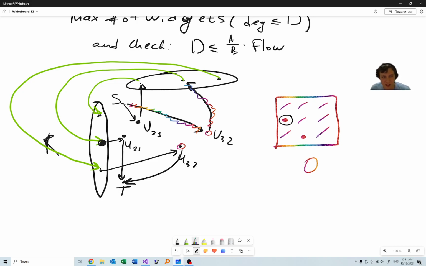And the same goes here. We have to balance somehow with the flow of the third column. And the second case is we do not put a widget here. In this case, they're just like slash. Nothing is possible here.